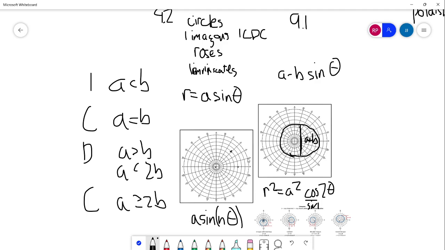Now I believe that r equals a cos 4 theta is the same as r equals a sine 4 theta, because at that point you have 1 at each of these 4 points, and it just becomes the same.